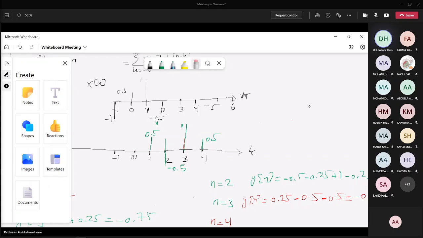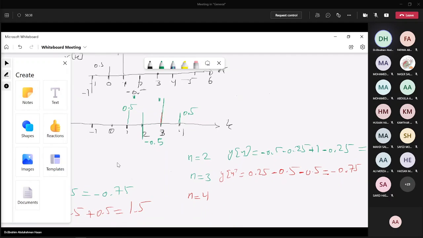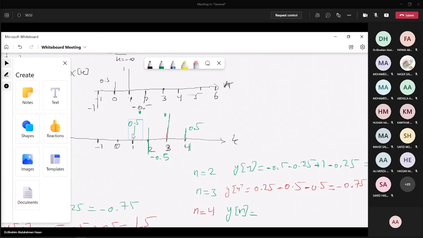Okay, we'll repeat the same thing. So when n equal to 4, this one reached 4 here, then y of n equal to 0.5 multiplied by 1, so it is 0.5.